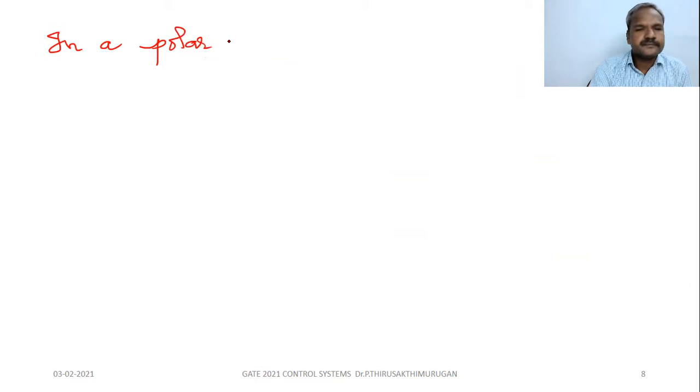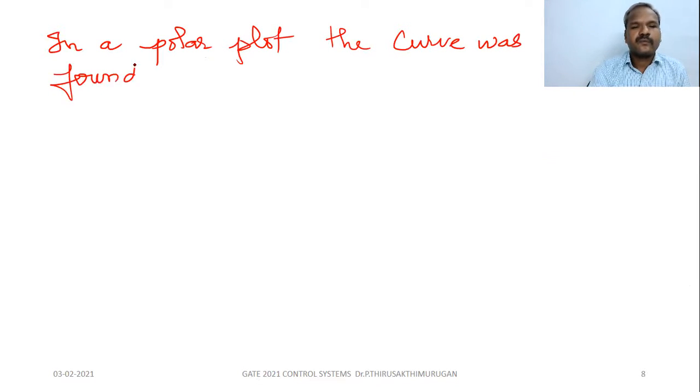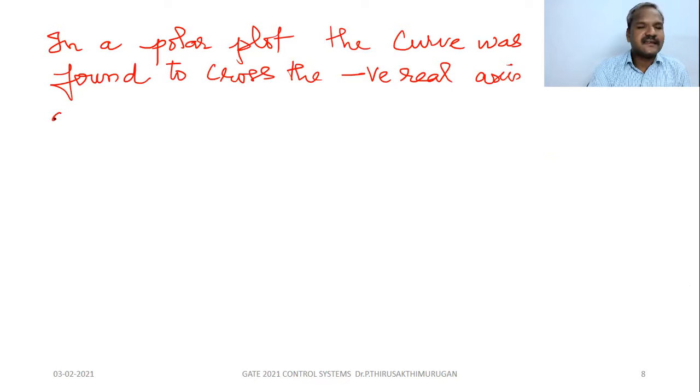Next problem. In a polar plot, the curve was found to cross the negative real axis at minus 1.2.